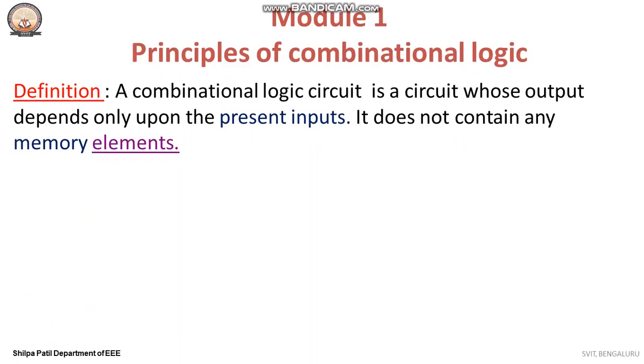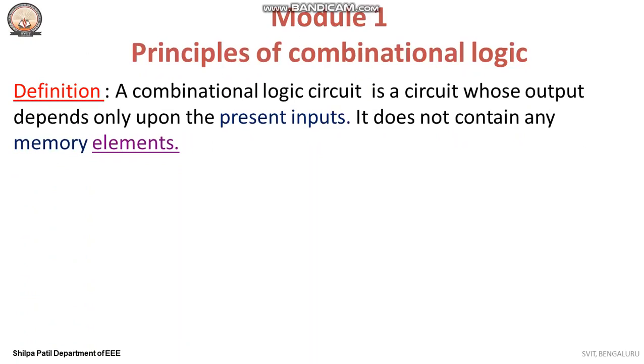So in the digital system design subject, in modules 1 and 2 you are studying about the combinational logic circuit and its design, whereas in further modules, you will study about the sequential logic circuits. So what is a combinational logic circuit?